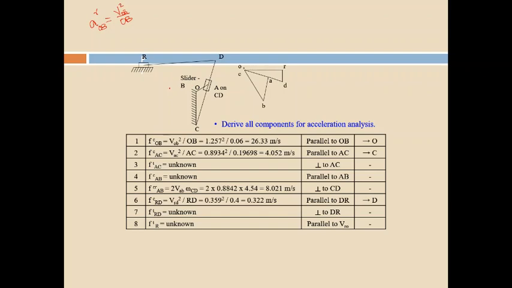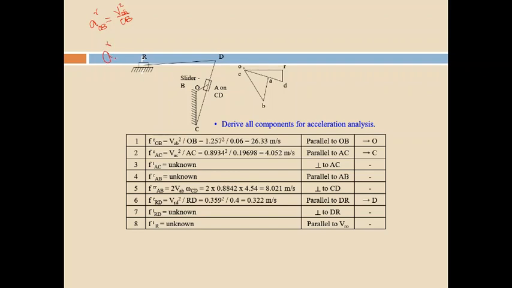Normally a piston will have only radial component, it will not have tangential component, but in this case this piston is sliding on the lever, also it is rotating along with the lever, so it will not have a tangential component, instead it will have a Coriolis component. It will have a radial component, but I don't know the value for the radial component.